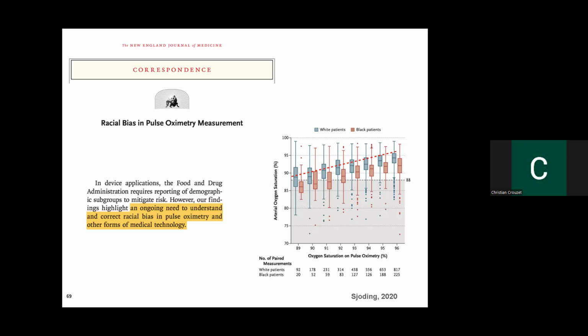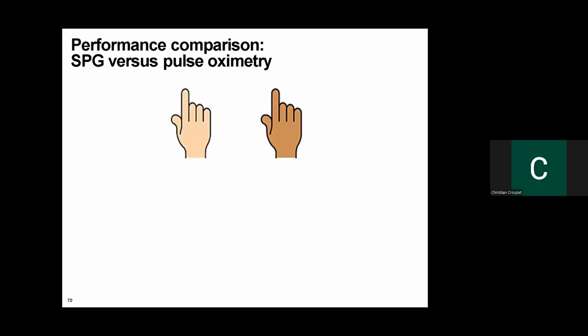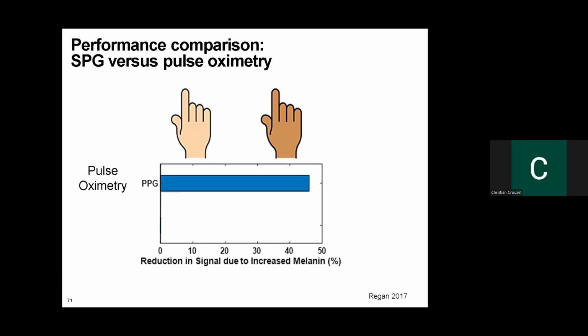So one thing that we wanted to do was look at the PPG signal in comparison to the SPG signal at different melanin concentrations. This was modeling work by a previous PhD student. I believe this work was done with Carol and this with Caitlin, where they looked at the pulse oximeter PPG signal.